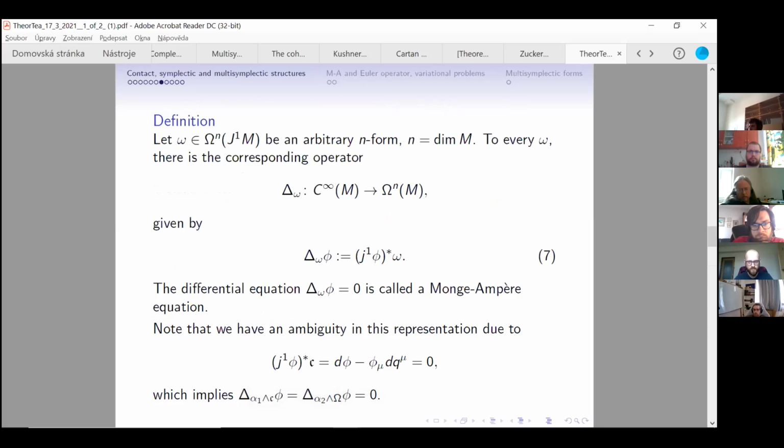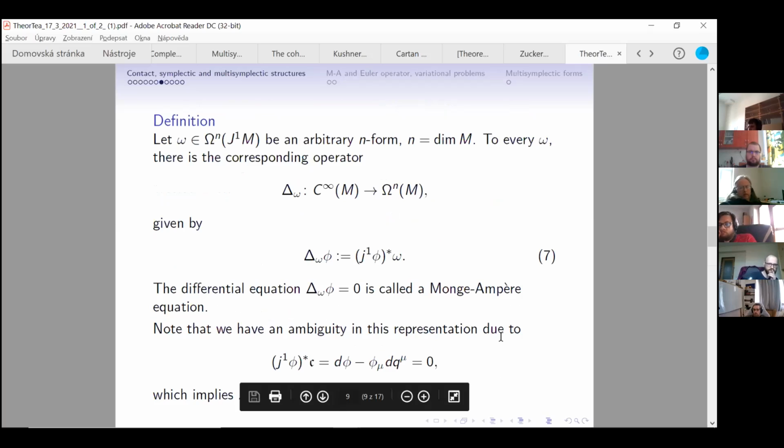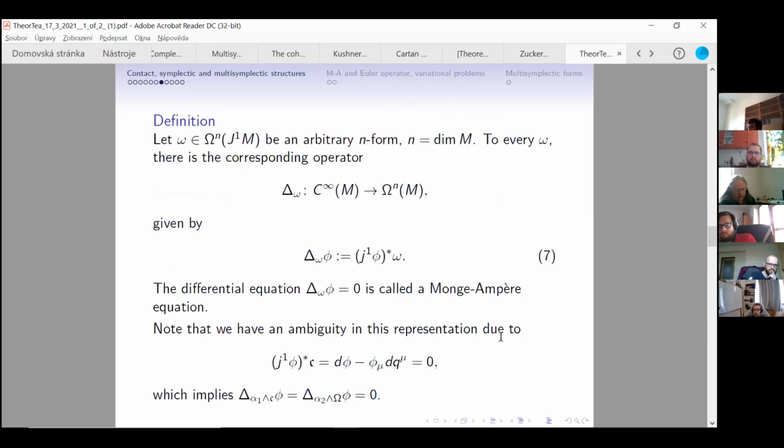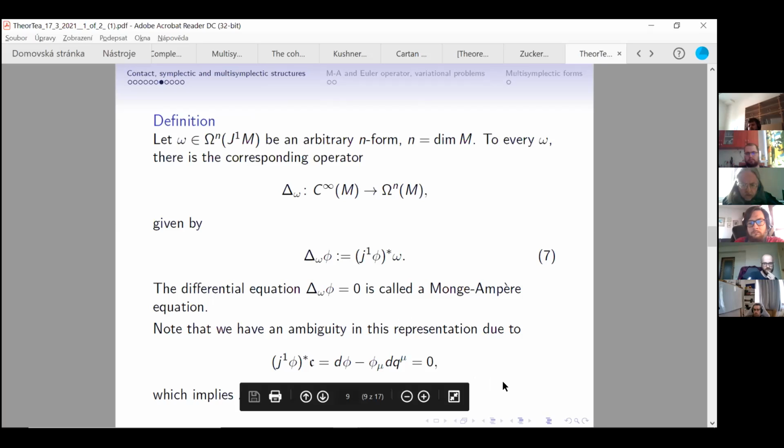This is our operator. This is delta omega phi, right? Okay, I was confused with the delta. We expected some Laplacian operator. But in fact, if I pick omega appropriately, then I will get a Laplacian. Yes, so this is some sort of a generalization.